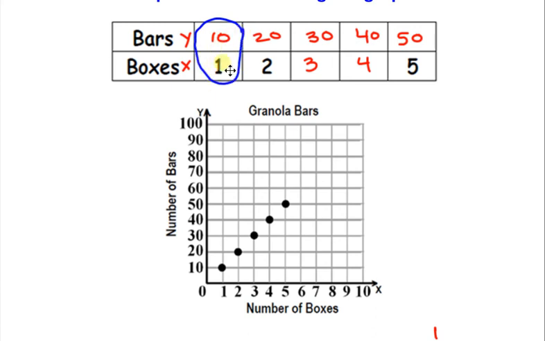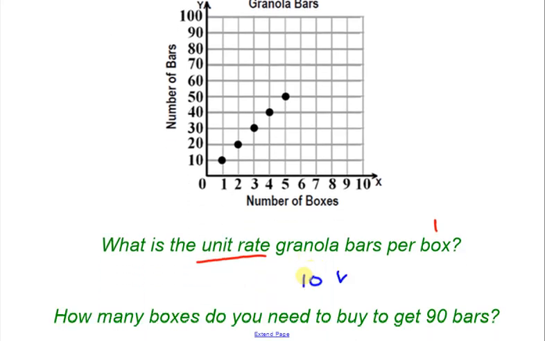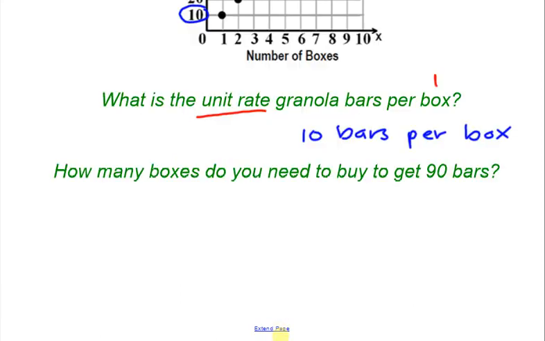How many granola bars are in 1 box? There are 10 bars per box. You could have also used the graph to find that answer. You find 1 box, you go up, how many bars? 10.